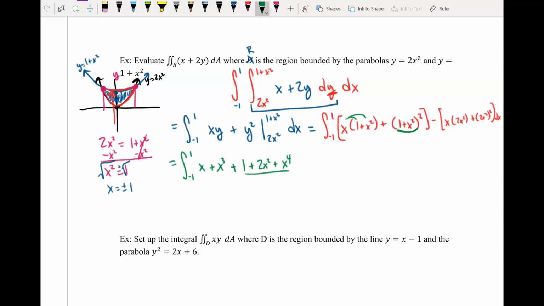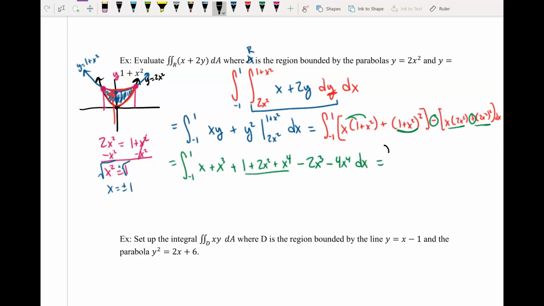That's this guy. Minus, this guy right here is going to be 2x cubed. This guy over here is going to be 4x to the 4th. So it's going to be a minus 4x to the 4th, because notice that there's a minus and a minus there, a minus and a plus there. And then you have a dx.